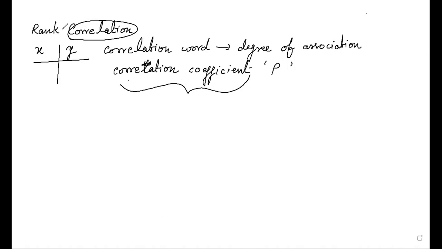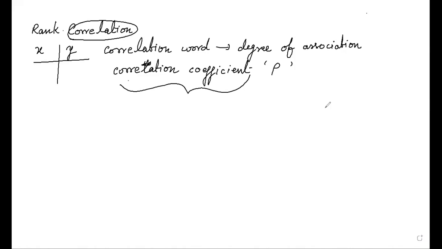So we can give ranks to these qualities, which are given as the variables X and Y, right? These qualities are given to us in the variables X and Y. So rank suggests the ranking of the quality which the variables are denoting.